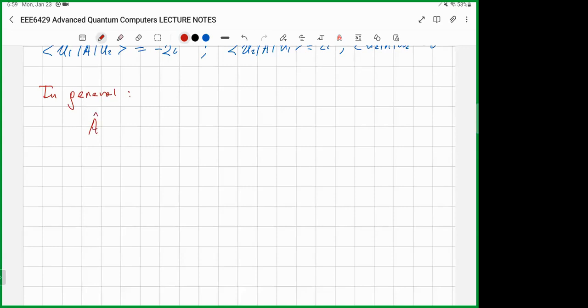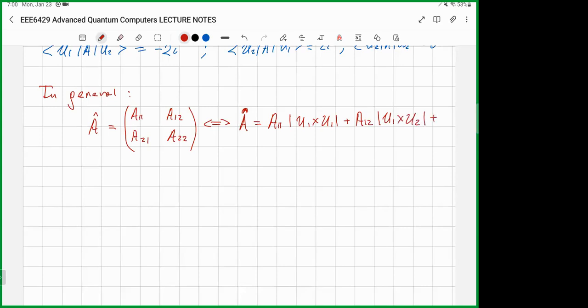If you have an operator given to you in matrix form, for example, like this 2 by 2 operator, you can rewrite this operator in the outer product notation as the first element times the outer product of these two vectors u1 u1, then the second element 1 2 times u1 u2, plus the third one 2 1 times u2 u1, plus the fourth one 2 2 times u2 cross u2.